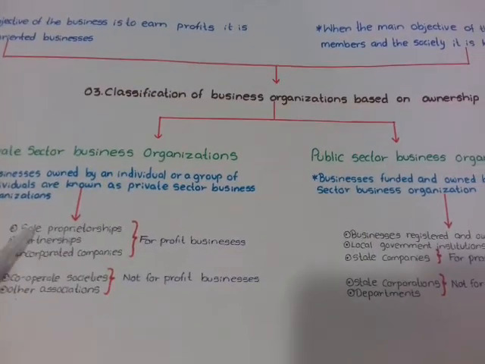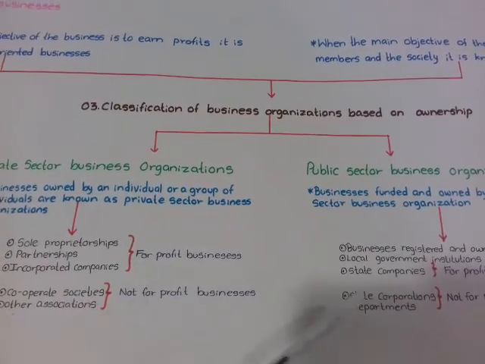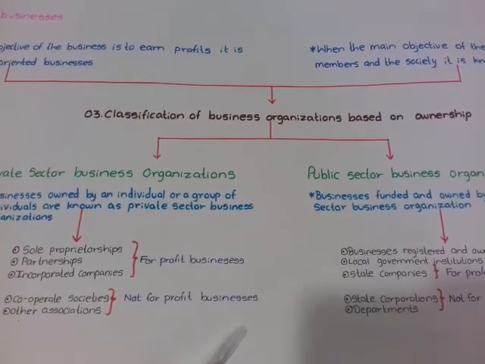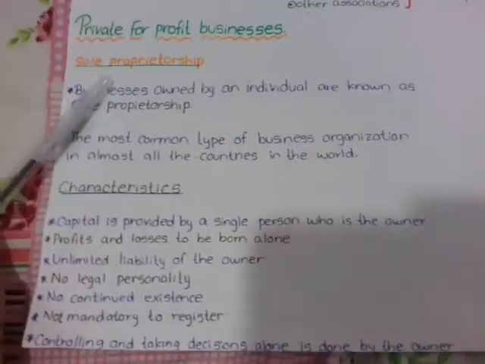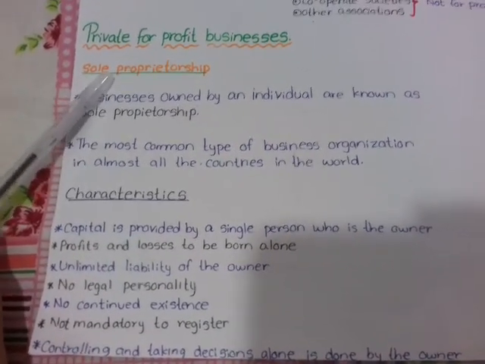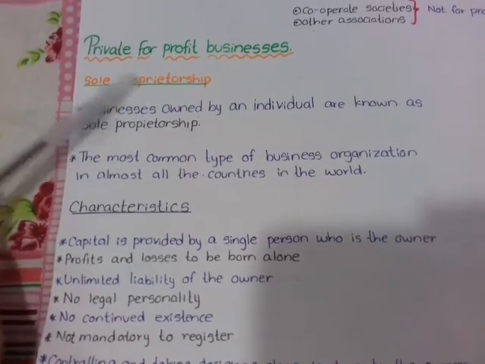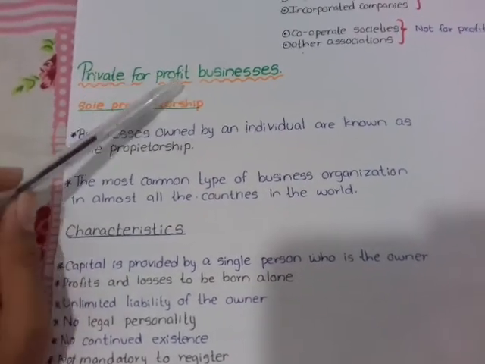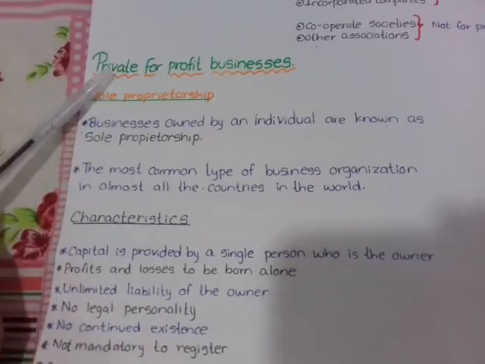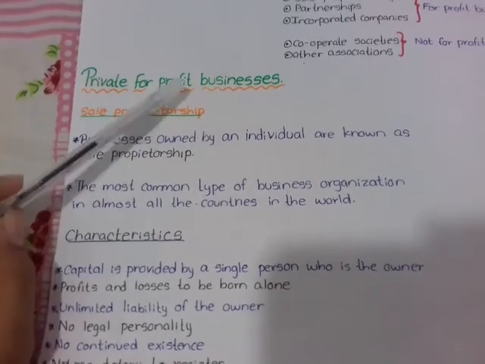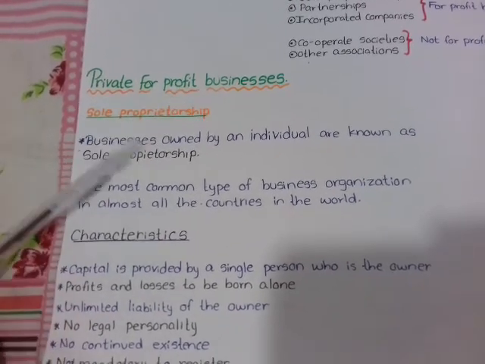So now let us discuss these examples which belong to private sector and public sector businesses in detail. So first of all, we are going to be discussing sole proprietorship, which is a private for-profit business. So there are two classifications here. It is a private sector business organization and also a for-profit business.